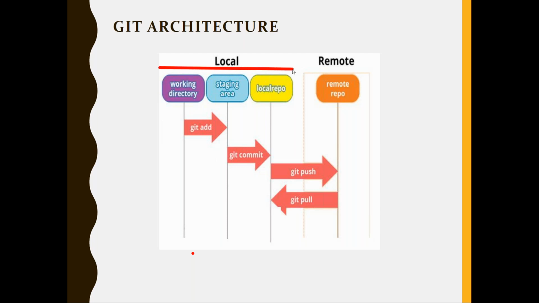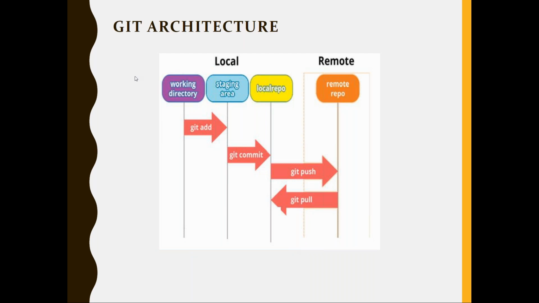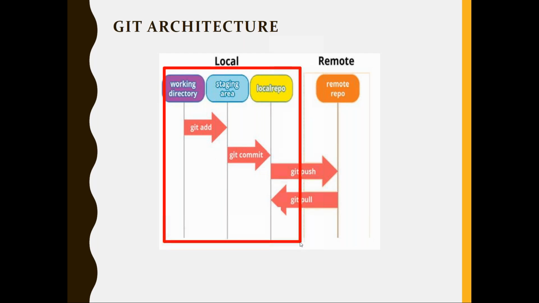So this is your local repository. Now this is a remote, and if you see here directly, this is a workstation of an individual developer. Now this is a local repository.